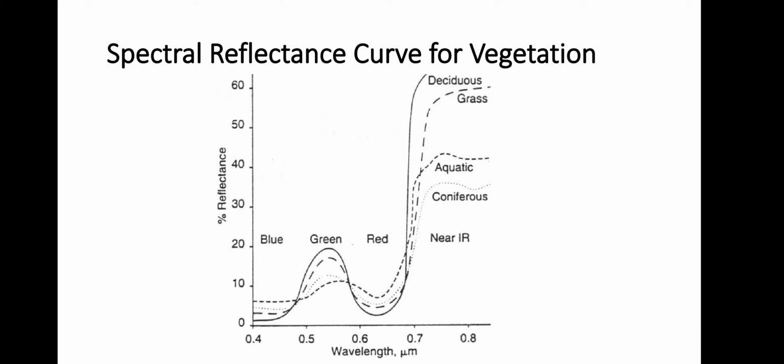In the reflected infrared portion, that is the near infrared region of the spectrum, at 0.7 micrometer, the reflectance of healthy vegetation increases dramatically. In the range from 0.7 to 1.3 micrometer, a plant leaf reflects about 50% of energy incident upon it.